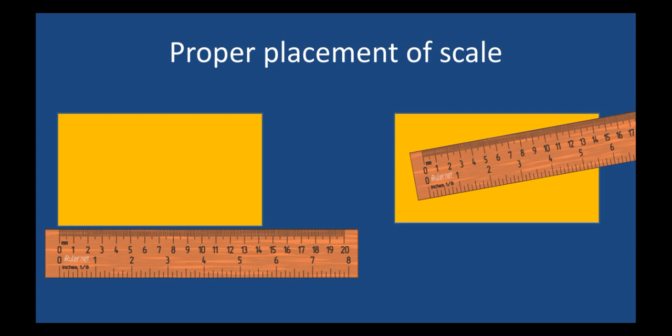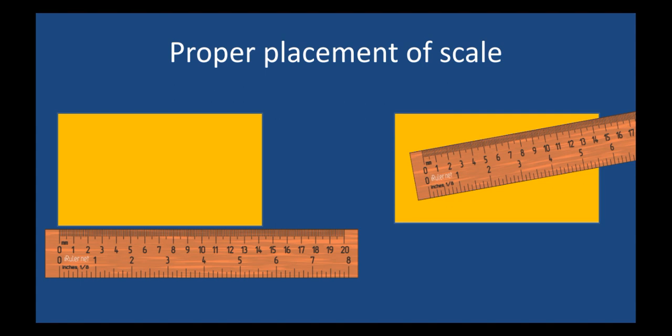You have to always remember that the scale should be placed along the length of the object to be measured. If you want to measure the length of the first box, then the scale needs to be placed like this. It needs to be placed along the length. Now look at the second figure over here, figure B. If you are going to keep your scale like this, then most probably you will get the wrong results.